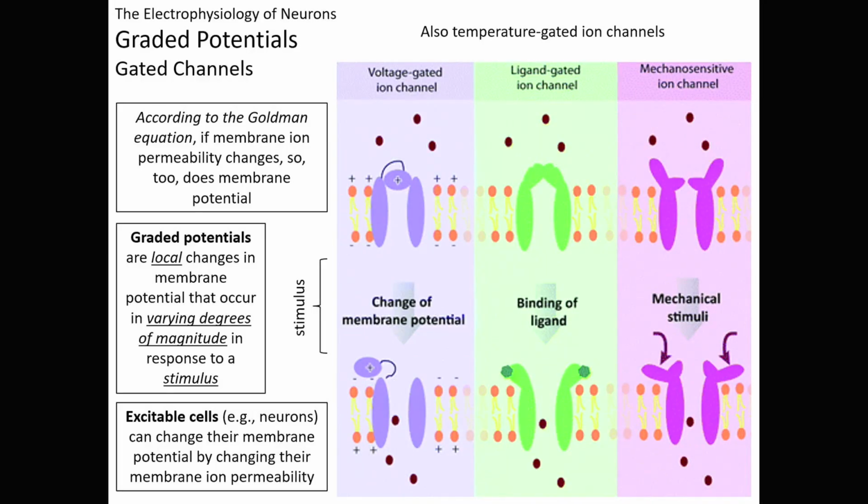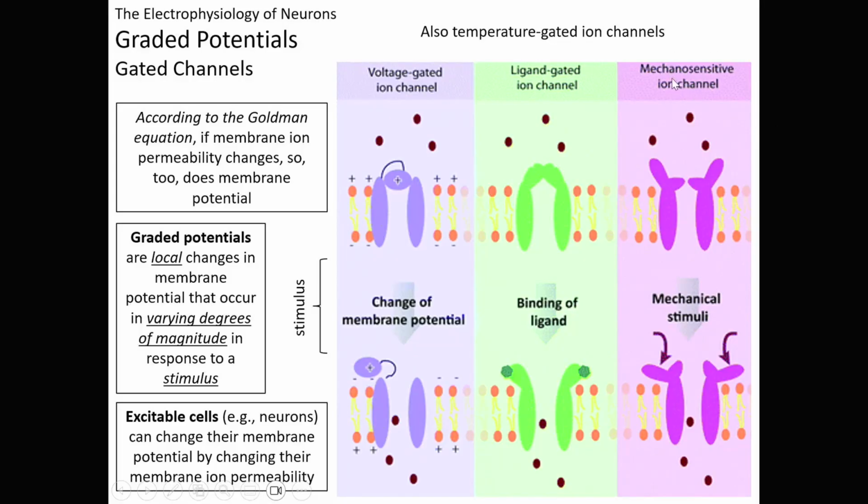So right away, we can see how we can change the membrane ion permeability using gated channels by controlling whether the gate on these channels is open or closed. I have here a figure showing us a few examples of gated ion channels that we find in our nervous system. I'll start over here on the right.